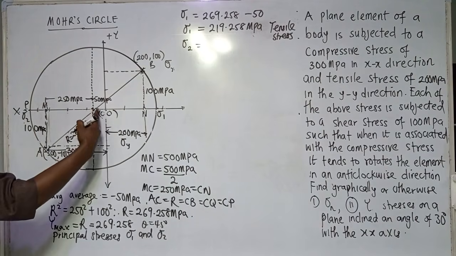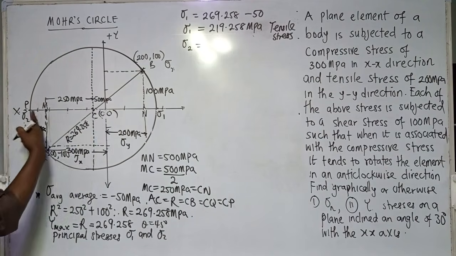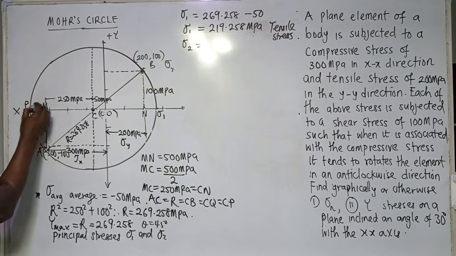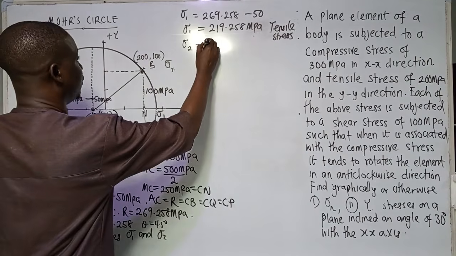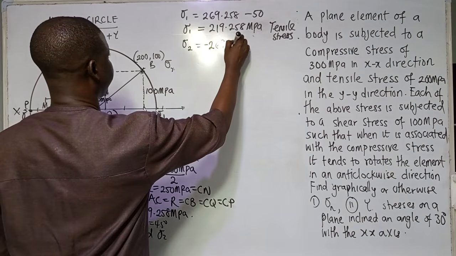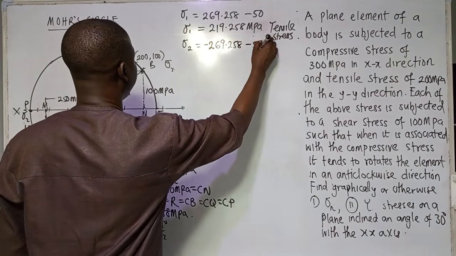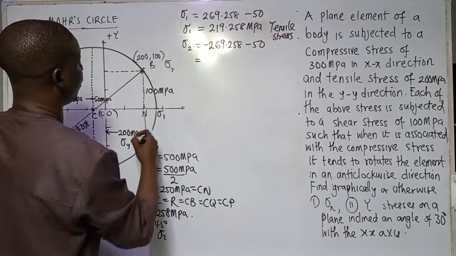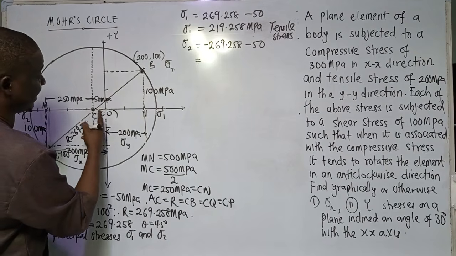Then to calculate Q2. Q2 can be calculated by, look at it, from this point to this point is Q2. From here to this place is radius plus this. And it's going in negative direction, so minus 269.258 minus 50. You understand me? Don't forget this place is negative.